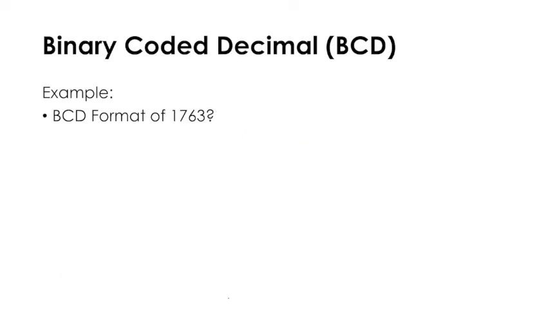Let's try another example. Let's get the BCD format of 1763. So again, let's have 8, 4, 2, and 1 here. The first digit is 1. So the BCD of 1 is 0, 0, 0, 1.